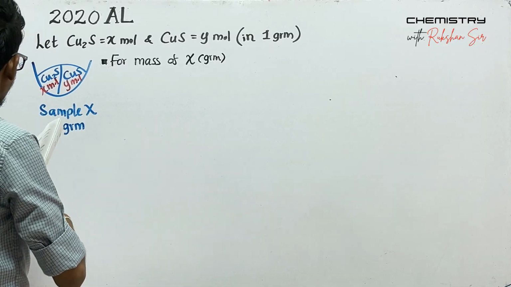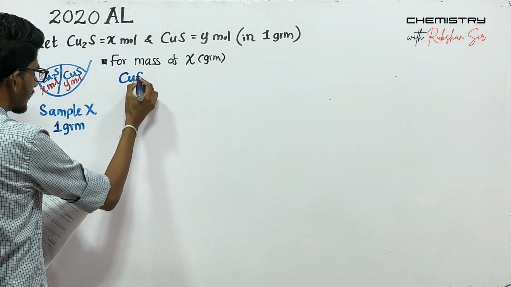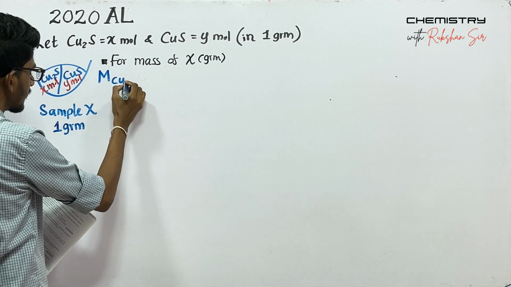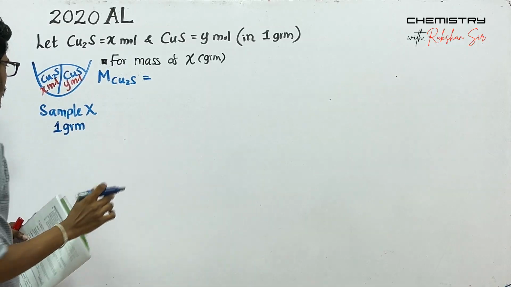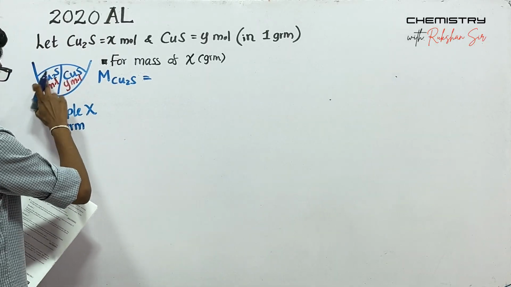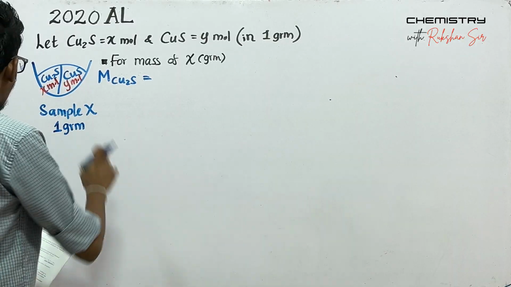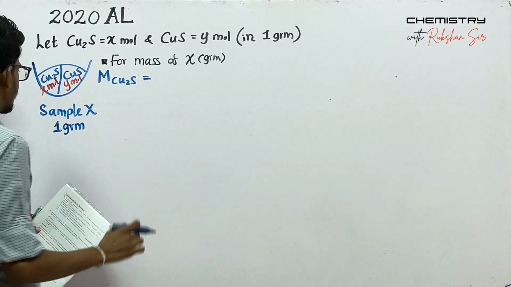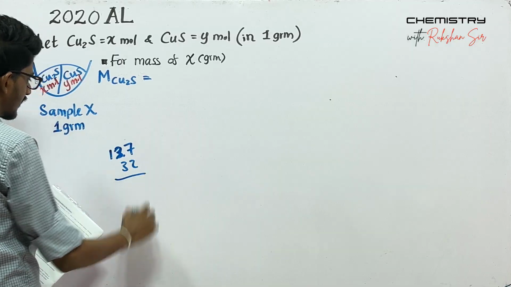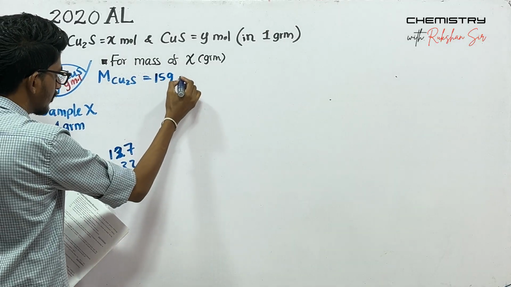For the Cu2S, the molar weight is copper 63.5 into 2, that is 127, and sulfur 32, that is 159 g mol^-1.